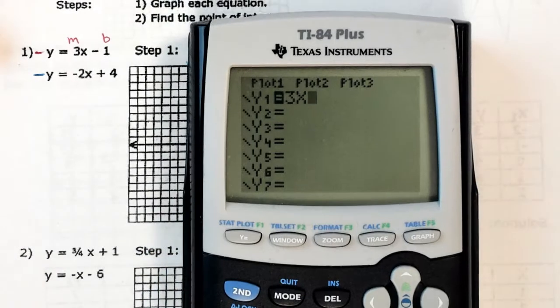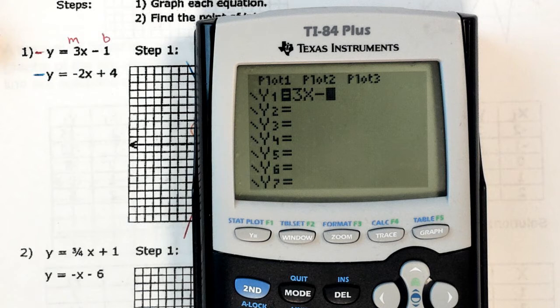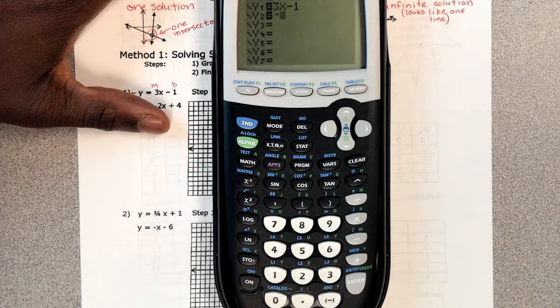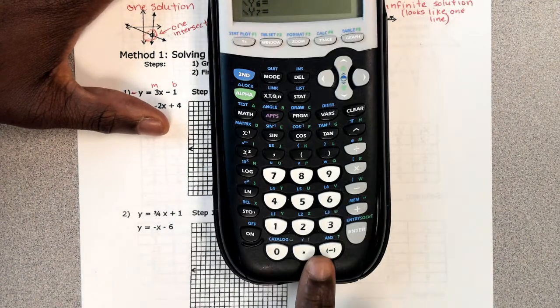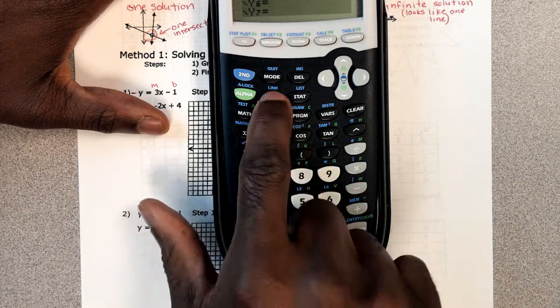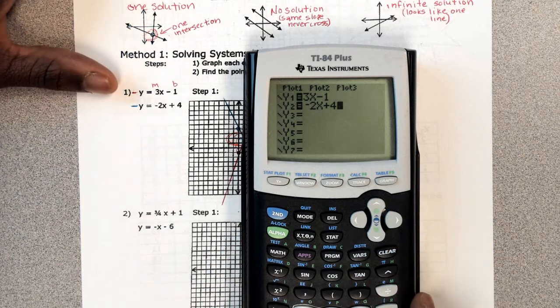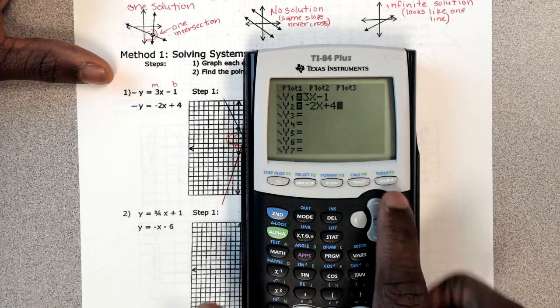So we press 3x minus 1, and negative 2x plus 4. Alright, once you have those two equations in, you hit graph.